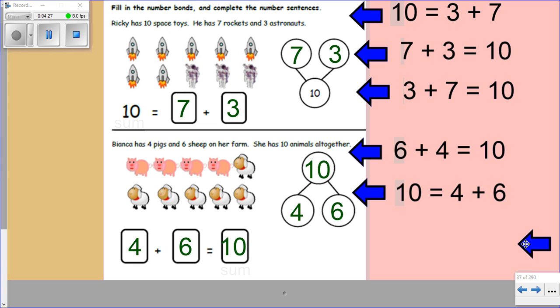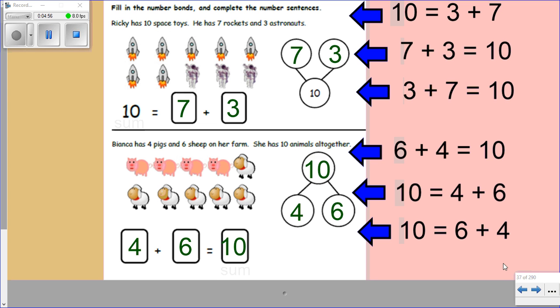So what do you think this equation will be? Here we go. 10 equals 6 plus 4. So we could have one story problem and actually have 4 different equations to write about it.